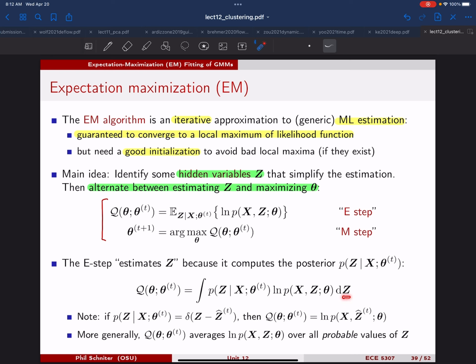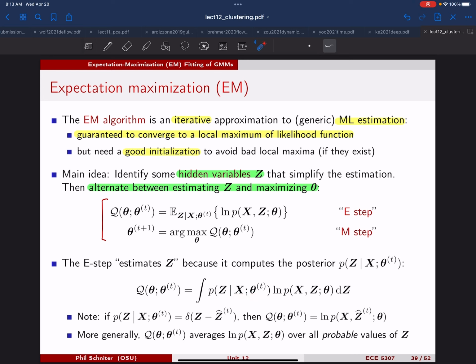The z's are hidden variables. We do not know what the hidden variable is exactly. So we talk about this as estimating z, because we're going to compute this posterior distribution. In a sense, this tells us everything that we could ever want to know about z, given our data and given our previous guess of our parameters.